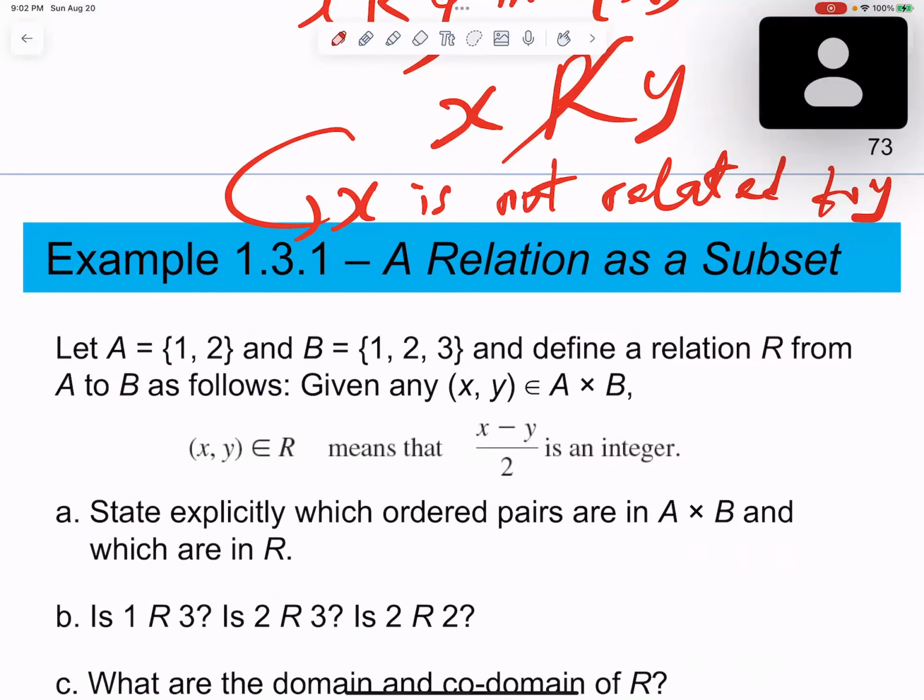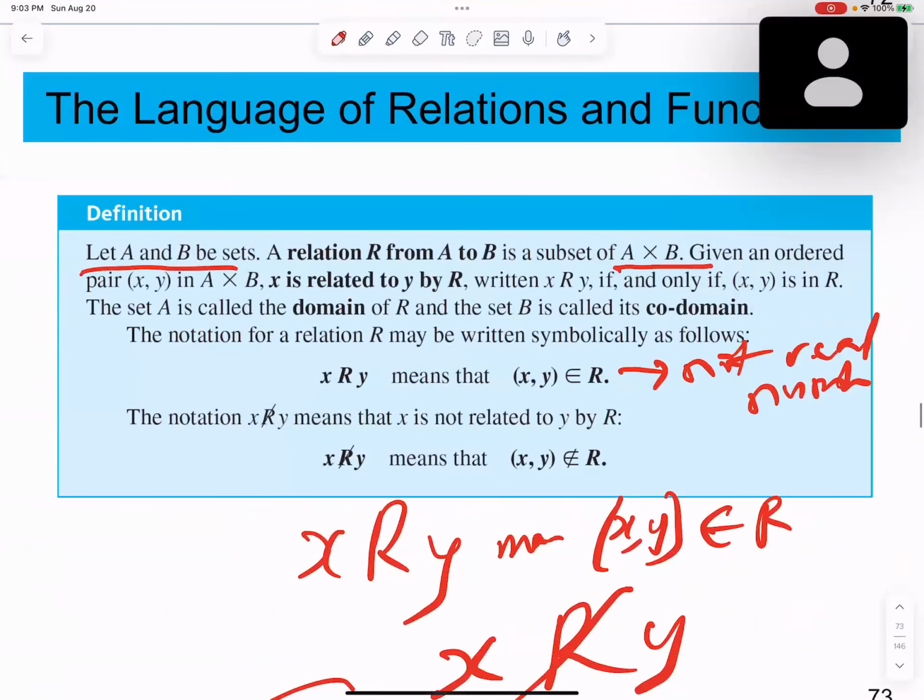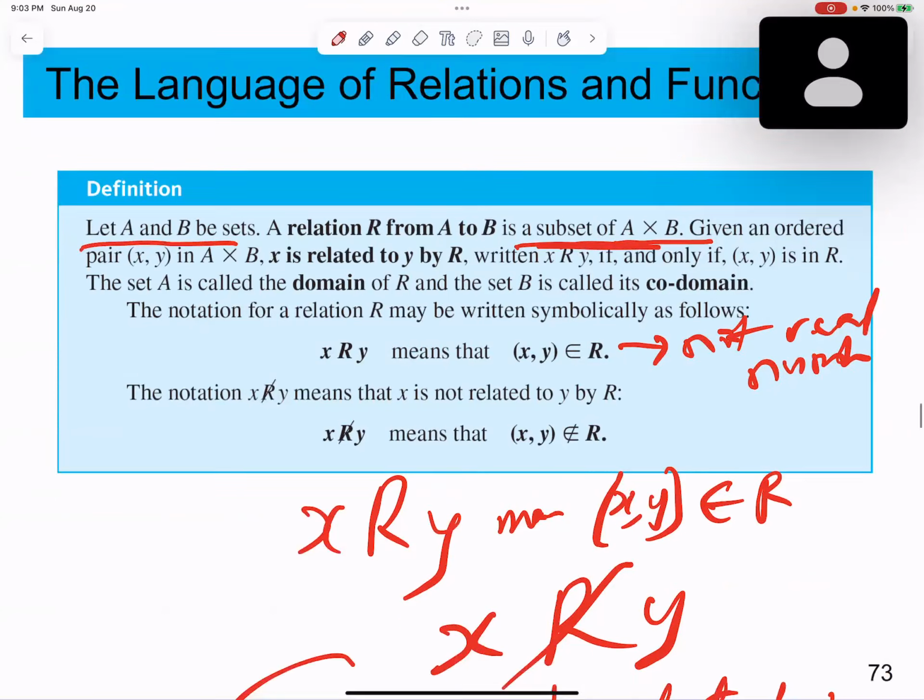You have a set A containing 1 and 2, another set B containing 1, 2, and 3. Look at that. These are sets. Look at the use of curly braces. Now, let's define a relation from set A to B as follows. In other words, if you have an ordered pair from the Cartesian product A and B, before you can talk about relation, you must talk about the Cartesian product. Okay, that is very, very important.